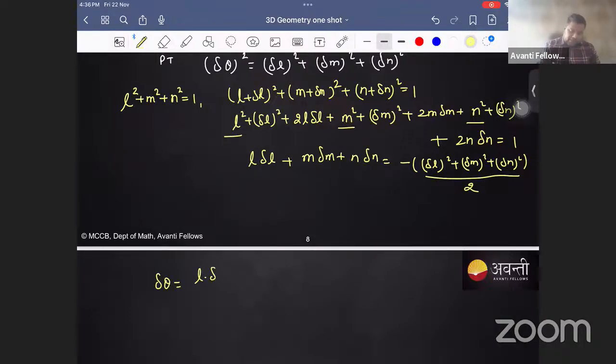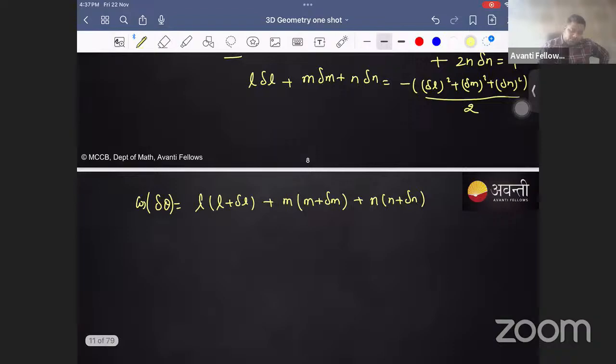Cos of delta theta will be L delta L plus M delta M plus N delta N in the numerator. In the denominator, L square plus M square plus N square is 1, and L plus delta L square plus M plus delta M square, just a moment. So the numerator is L into L plus delta L plus M into M plus delta M plus N into N plus delta N. Am I correct?